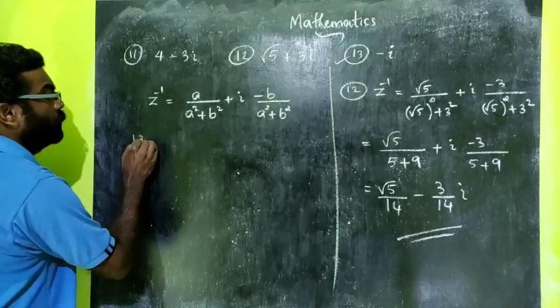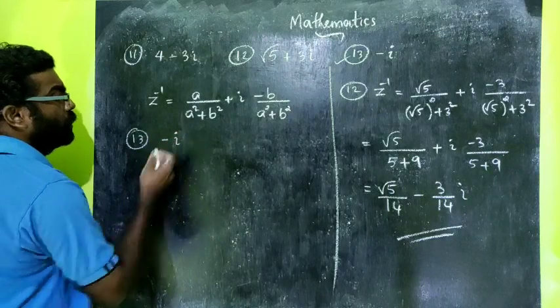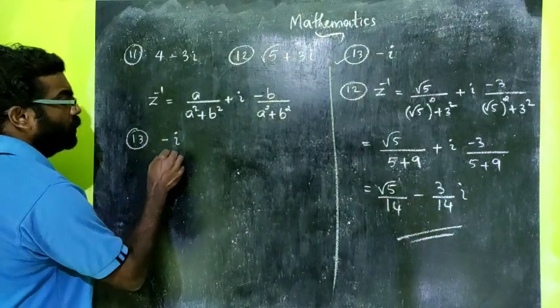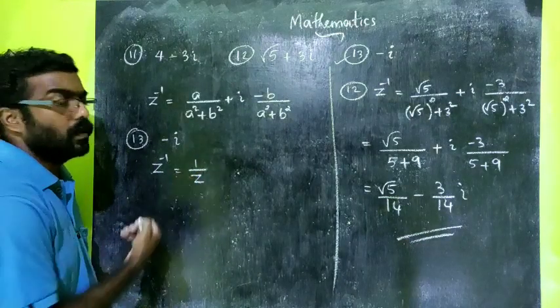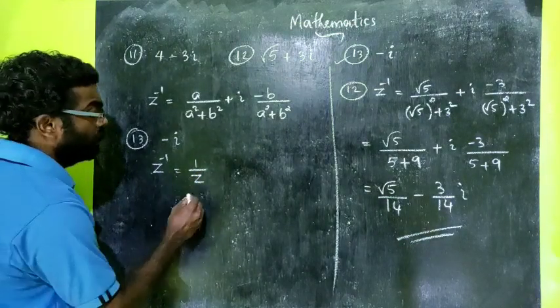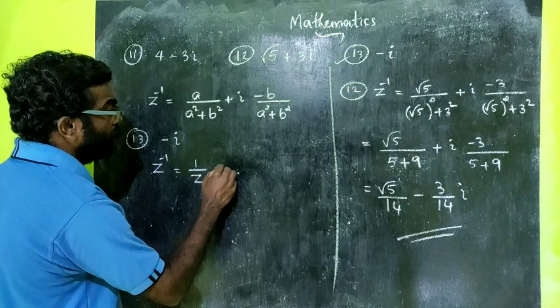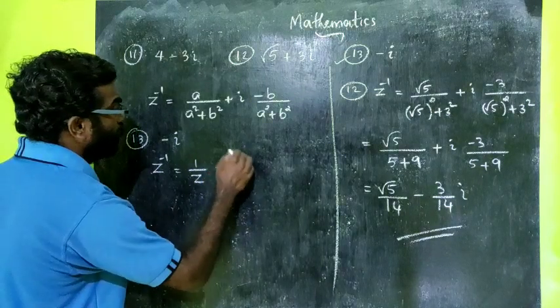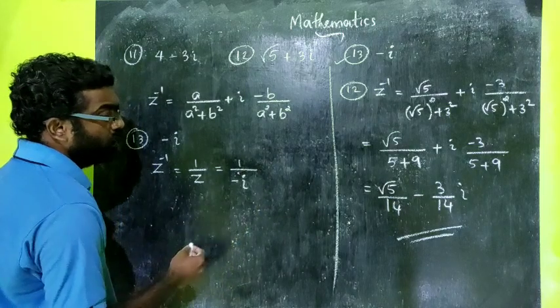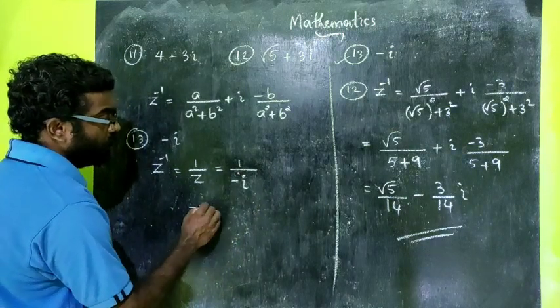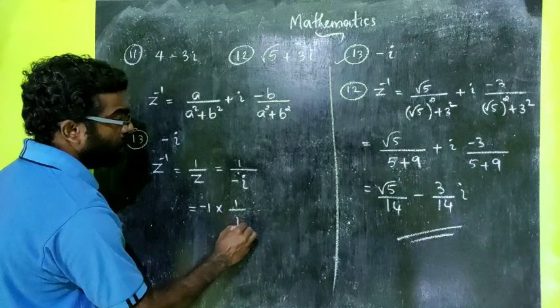Now consider the next one. Question number 13, minus i. So z inverse we can also write 1 by z. z inverse means reciprocal of z, 1 by z. Okay. So here we can directly find the answer. No need to apply this formula. 1 by minus i, and we can write minus 1 into 1 by i.